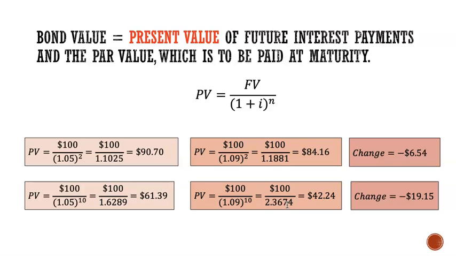Alright guys, so just remember, shorter term, less interest rate risk. Longer term, more interest rate risk. Why? Simply because of the power of time value of money. The cash flows for the long-term bond are exposed for a longer period as compared to the shorter term bond, which in this case, the 1-year bond, the cash flow is only exposed for 1 year.